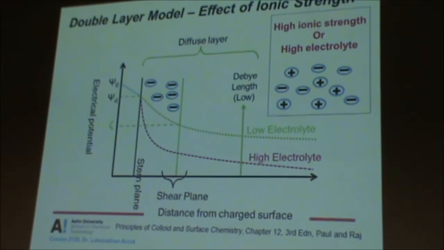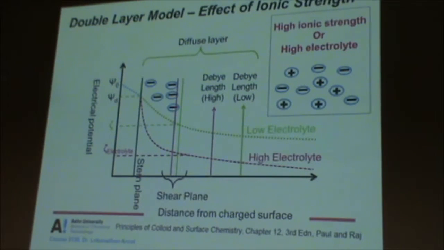Now, what is the effect of that on the Debye length? The Debye length was the length over which the surface potential became 1 over e, so that's psi naught by e.